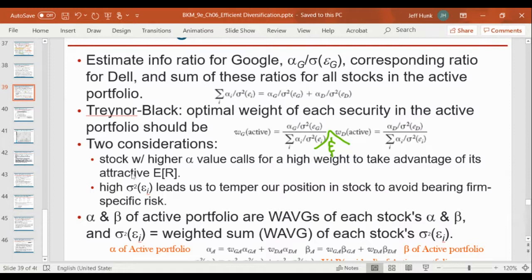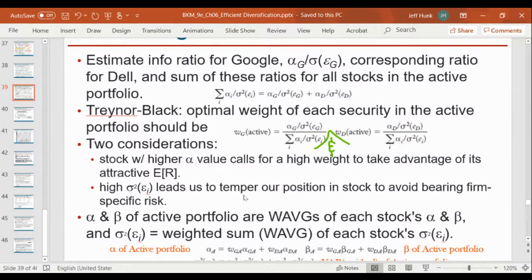Stocks with higher alpha value call for a higher weight to take advantage of their attractive excess return. Yes, expected excess return, true. But high residual variance leads us to temper our position.